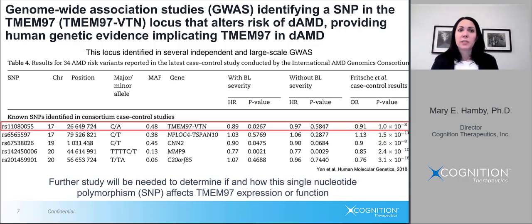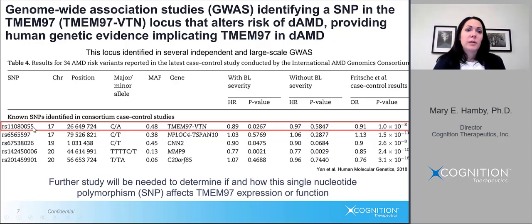So a 2016 early genome-wide association study, the GWAS study, identified a SNP in the TMEM97 locus that alters the risk of dry AMD. And this provided the first human genetic evidence implicating TMEM97 in dry AMD. So that's really exciting. And since then, it's notable that independent studies have identified the same locus, and these have been large-scale GWAS studies.